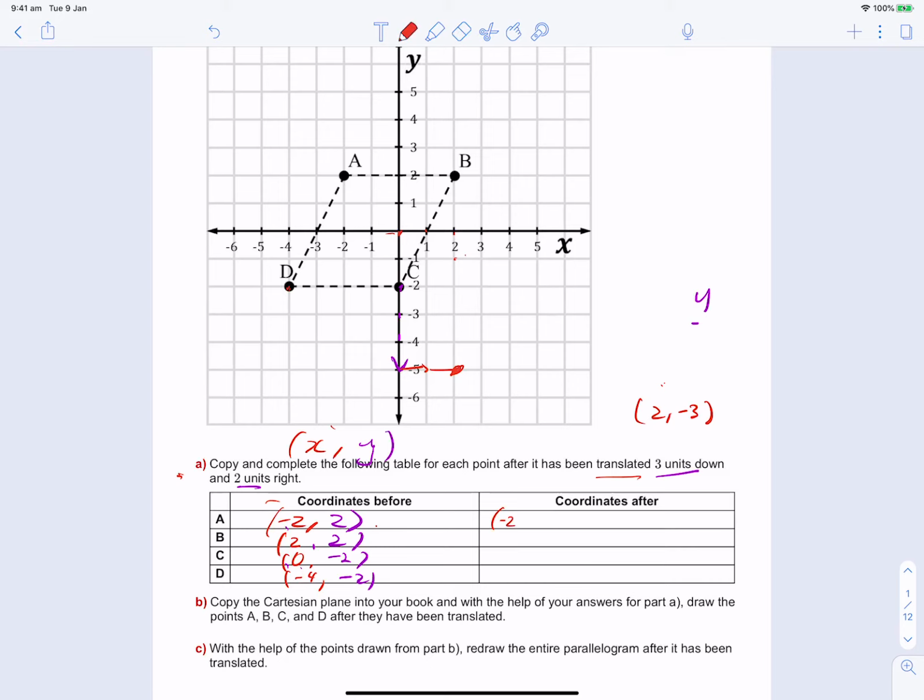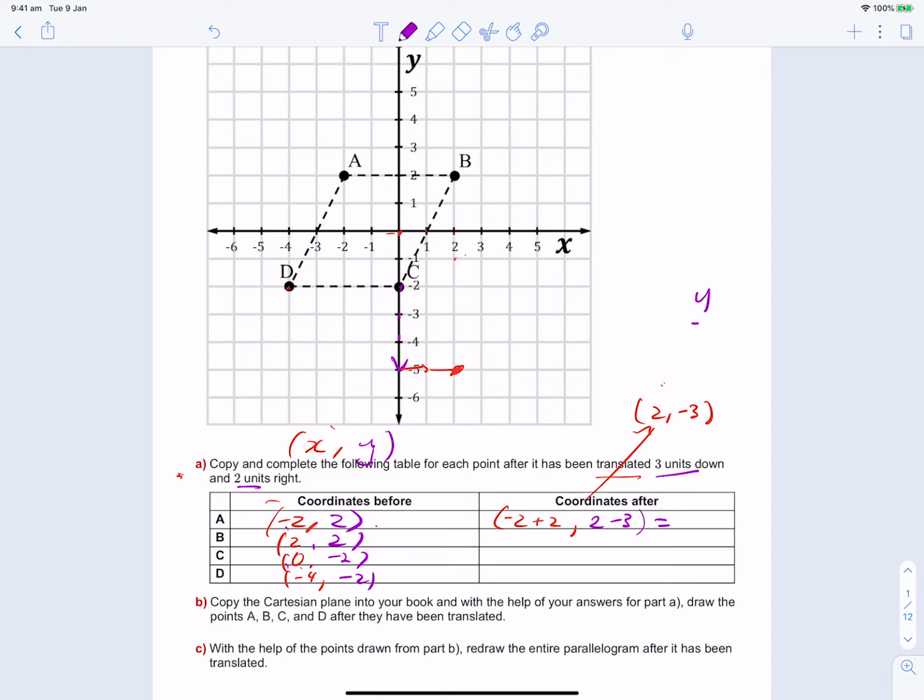So I'm now going to write that out. I've got (-2, 2), and then I'm going to add (2, -3) to it. And what does that look like? Well, actually, let's rewrite that as (-2 + 2, 2 - 3).